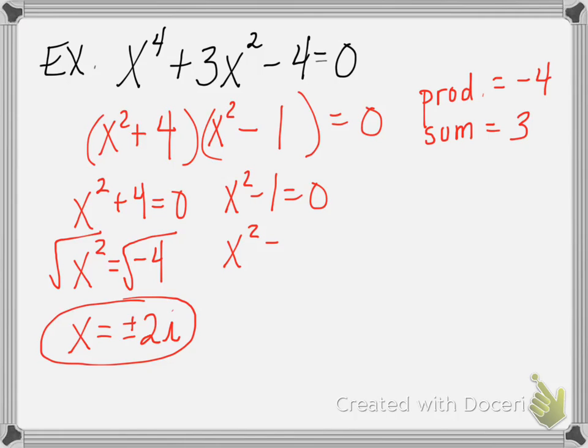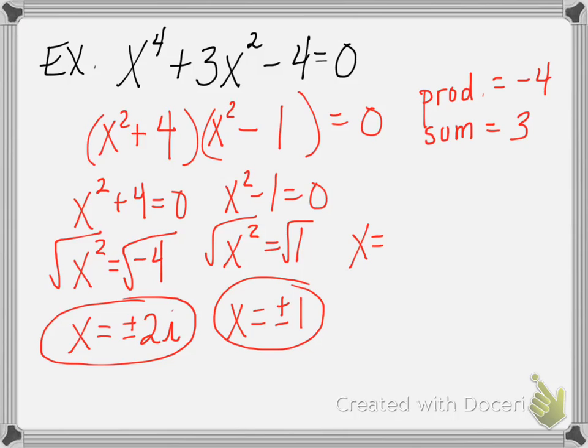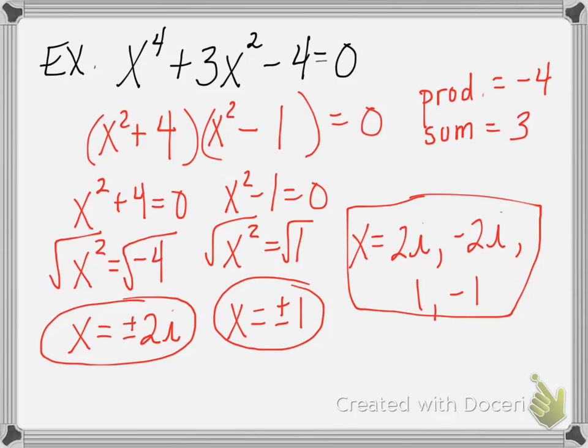And then over here, we've already done this one in the last example. X equals plus or minus 1. So if you want to split it out into your 4 individual answers, 2i, negative 2i, 1, negative 1. And that's that.